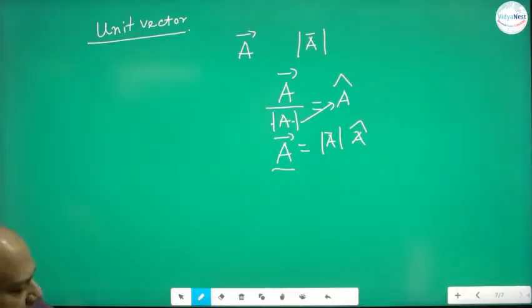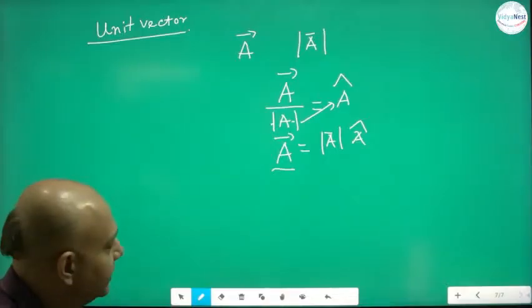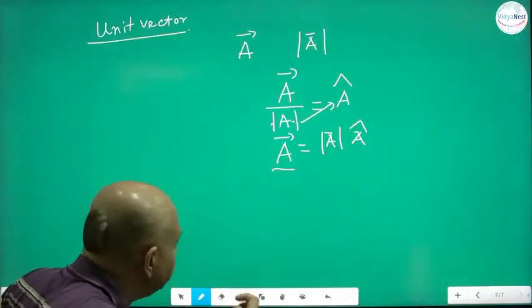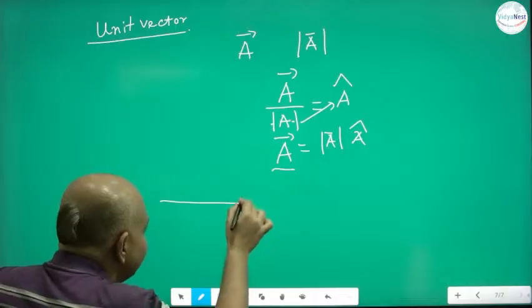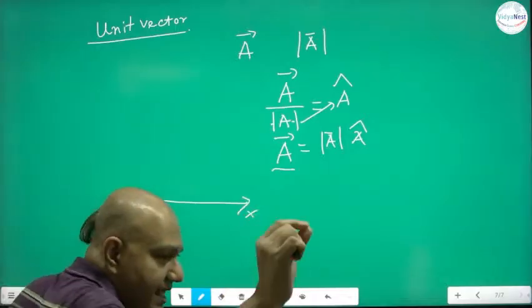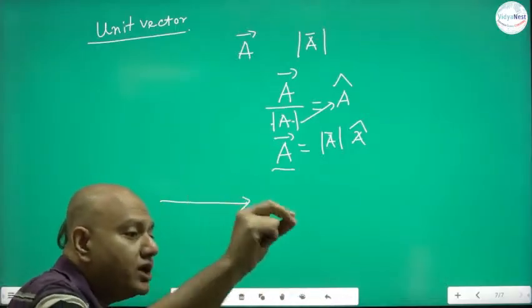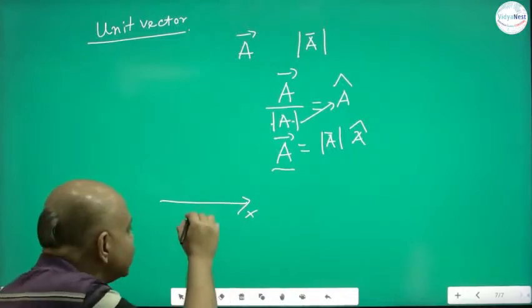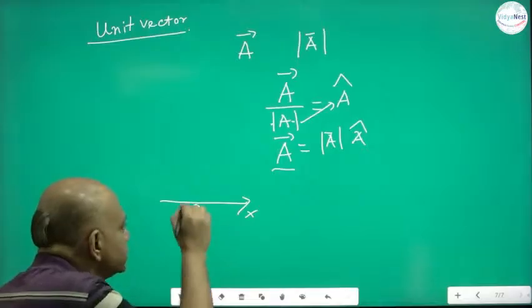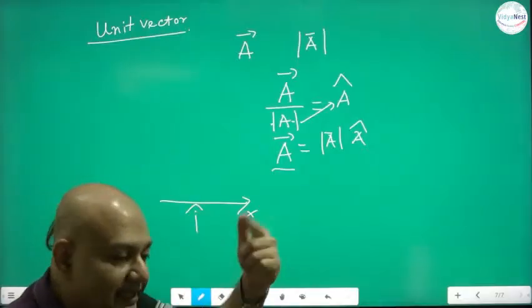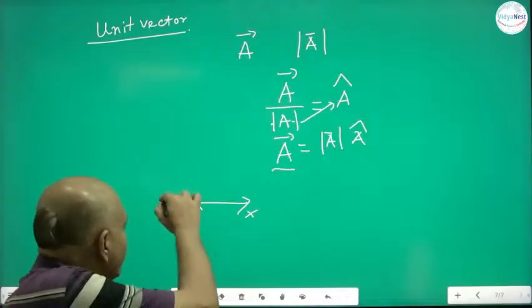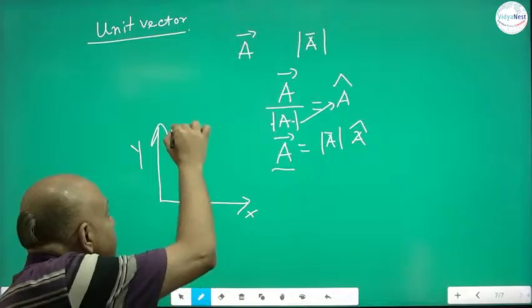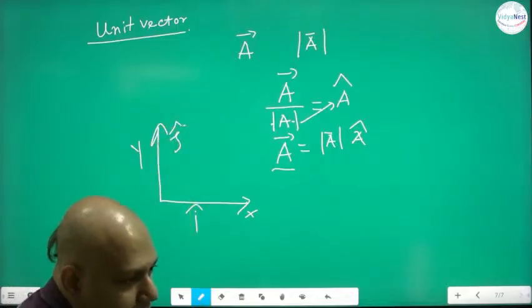Okay. Now see, suppose we have a rule. What is the rule? Suppose this is my x-axis. In the x-axis, we have a known unit vector, everyone knows that thing. It is symbolized as I cap. Along the y-axis, there is a known unit vector that is called j cap. Okay.